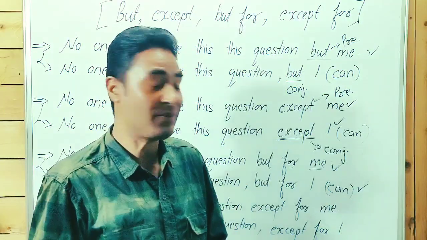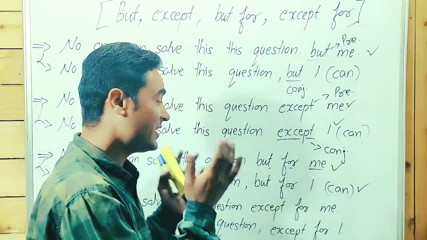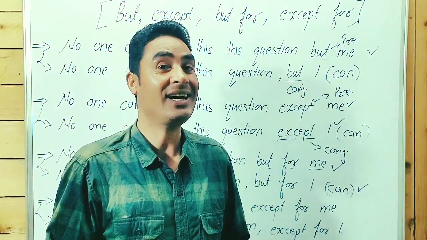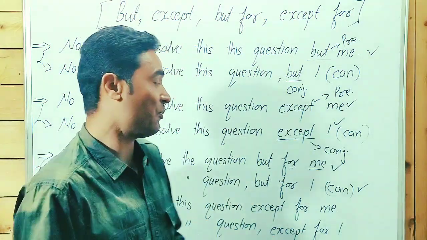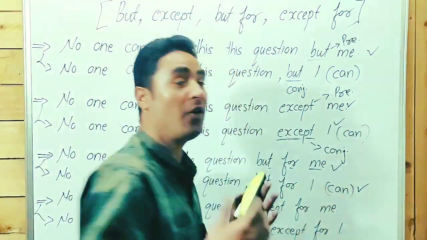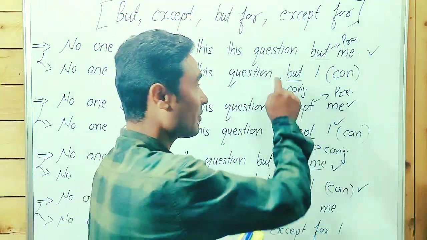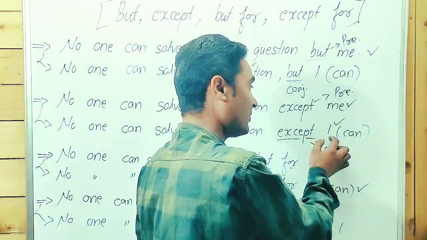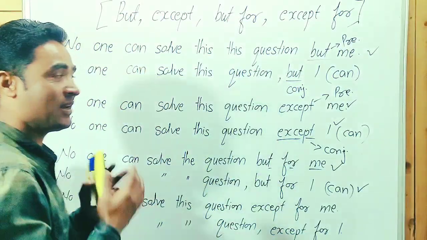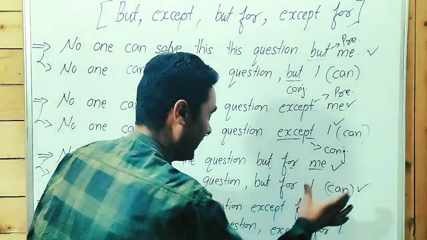I is the subjective case; but for has been used over here as a conjunction. As you know, after a conjunction we use the subjective case of the personal pronoun. Can, the verb, is understood. I can. The verb is understood over here.